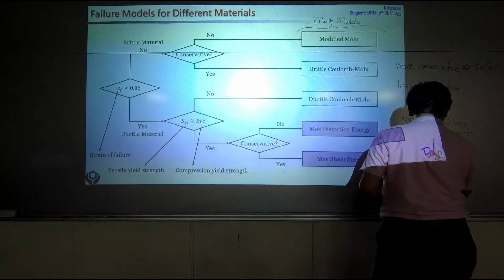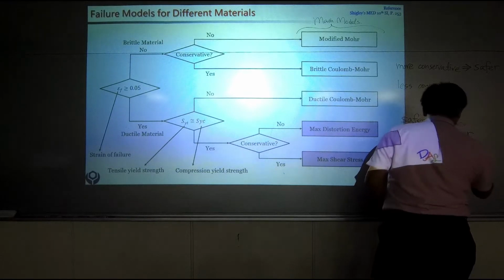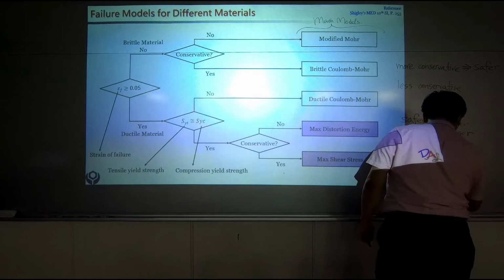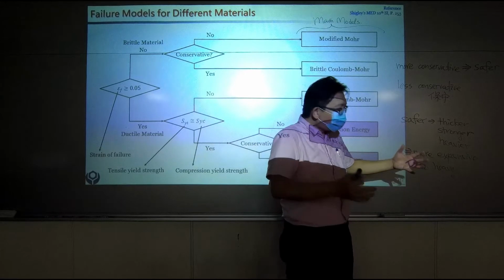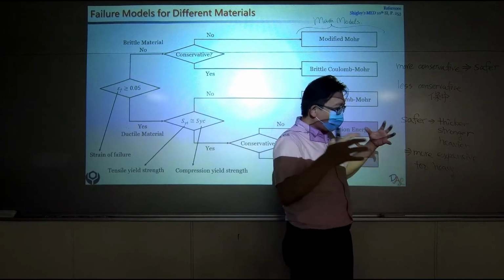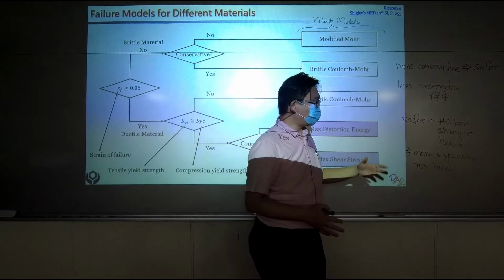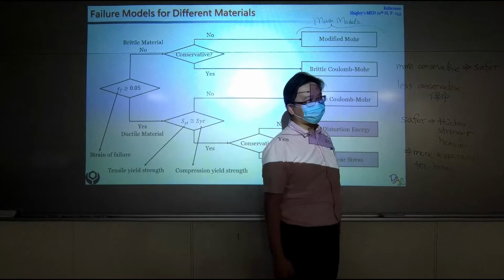More expensive and too heavy. Right? So you want to find the balance. You want to find the lightest design, and you want to find the cheapest design. But they are not safe.